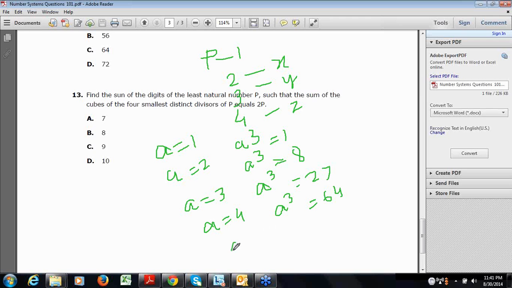A is 5. A cube is 125. A is 6. So a cube is 216. Okay. For x, y and z, 2, 3, 4, 2p is equal to 100.